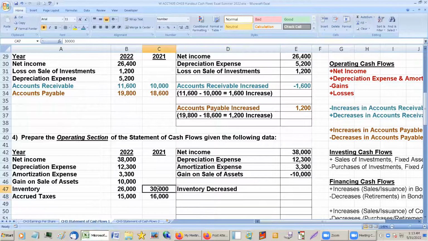Inventory decrease, it went from 30,000 on 26. Inventory decrease, must have sold the inventory, or cash goes up.